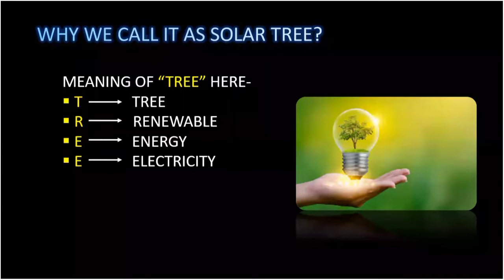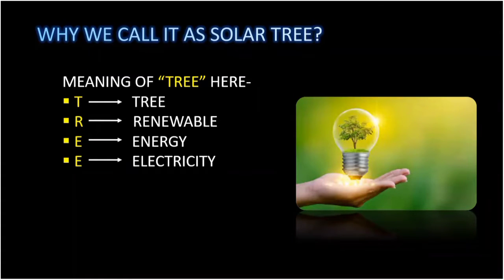The reason why we call these trees solar trees is that original trees utilize the sunlight and minerals like water to make their own food, and this process is known as photosynthesis. Like original trees, the solar trees utilize the sun's energy and produce energy which is used by the people of the society. These working phenomena are the same, that's why we call these solar trees.